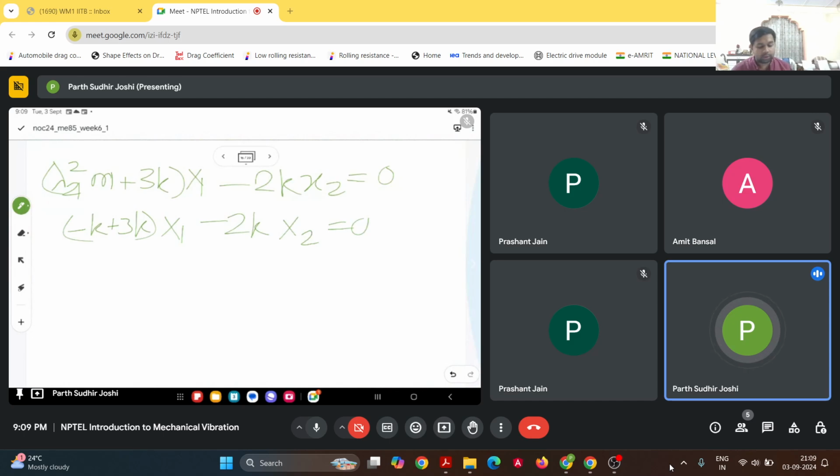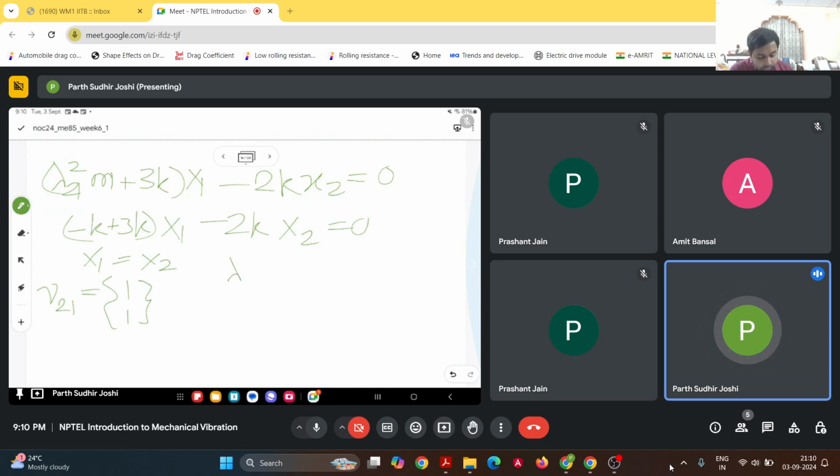So 2k x1 is equal to 2k x2, which is basically x1 is equal to x2. Therefore V21 will be 1, 1, because both are equal. That will be the mode shape.